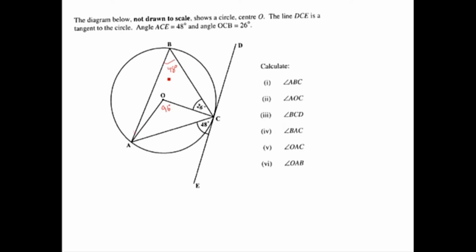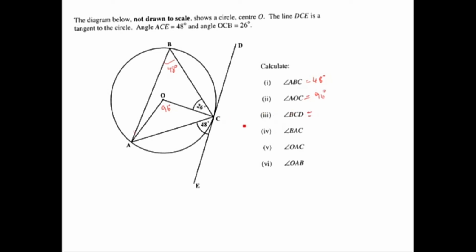So we call this the alternate segment theorem. And this one is angle at the center is twice the angle at the circumference, so it's 96 degrees. We already put a reason early on.